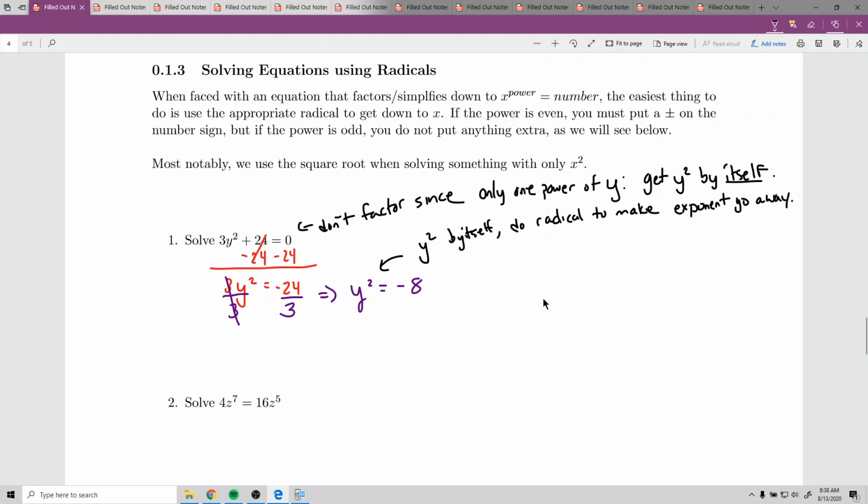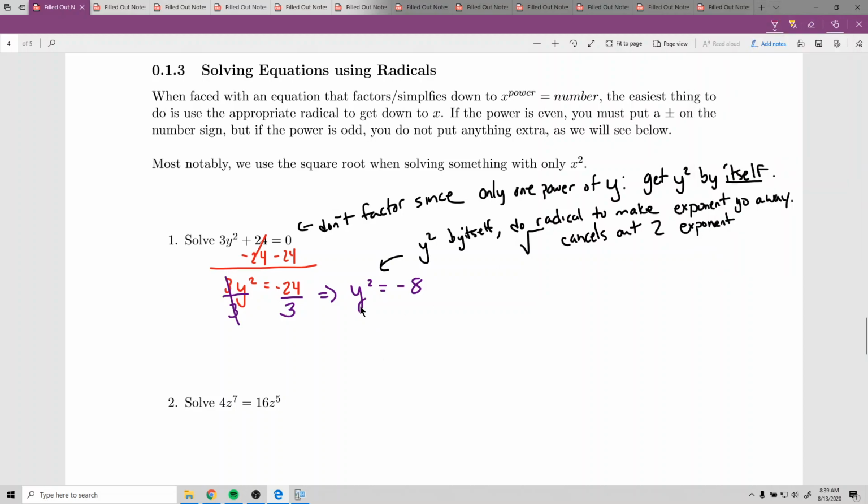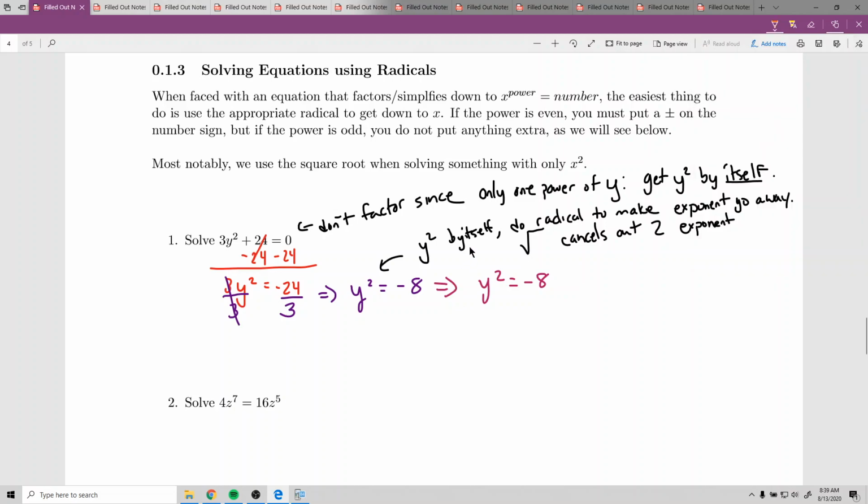And the appropriate radical here would be the square root. All right, so let's go ahead and write that. What I'll do is I'll rewrite the problem so it's more clear that we are not skipping steps.